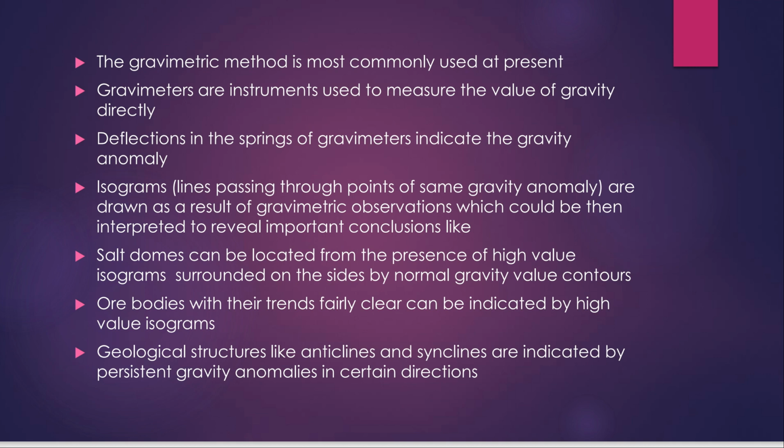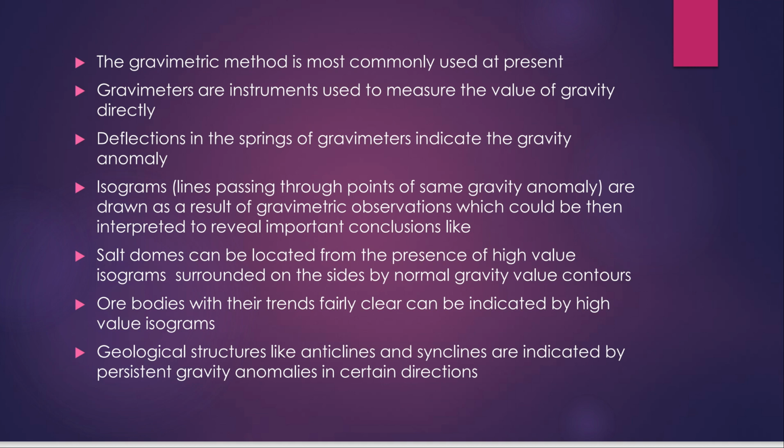arrive at different important conclusions like: salt domes can be located from the presence of high value isograms surrounded on the sides by normal gravity value contours. So the presence of salt domes is indicated by high value isograms.